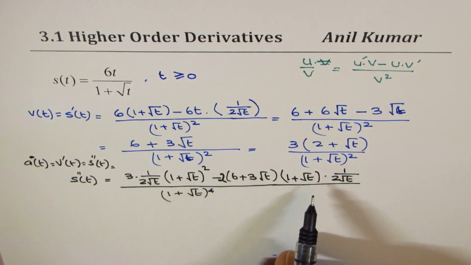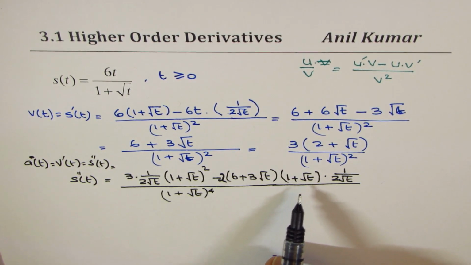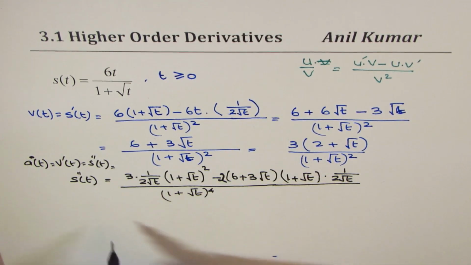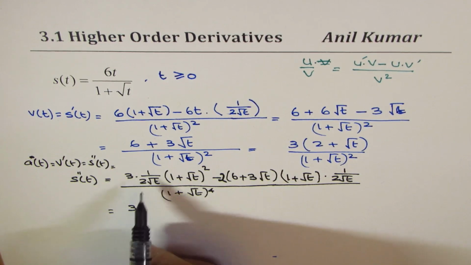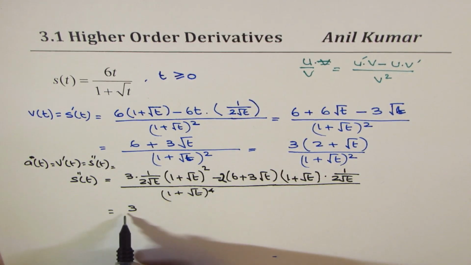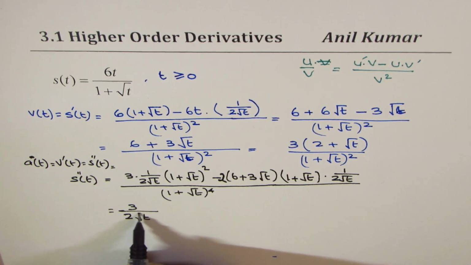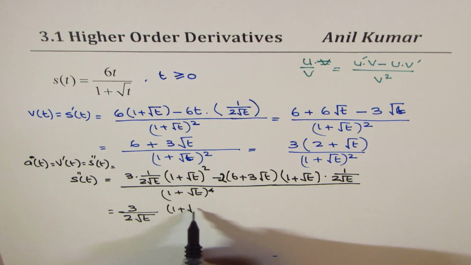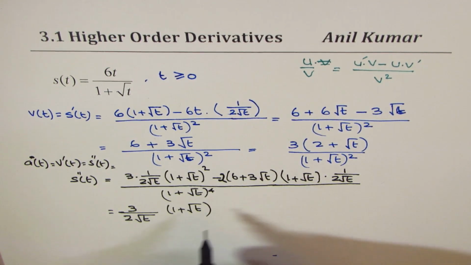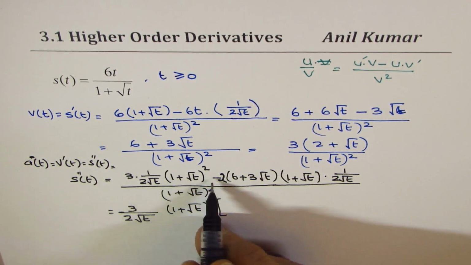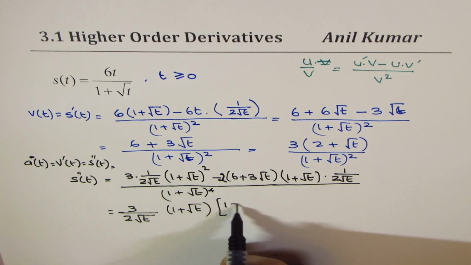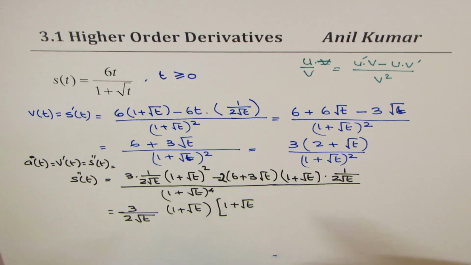Now when you look at this, you can take few terms common. 3 could have been factored out like this, right? So we'll take 3 common. In the denominator, we can take 2 common and also square root t. So that is also common. In this numerator, 1 plus square root t is common. We have it. And now we can write down rest of the terms. So all this has been taken care of. We are left with 1 plus square root t.